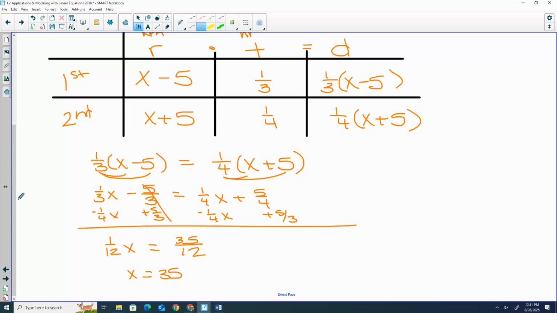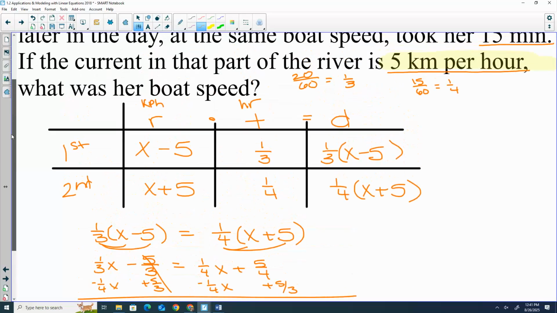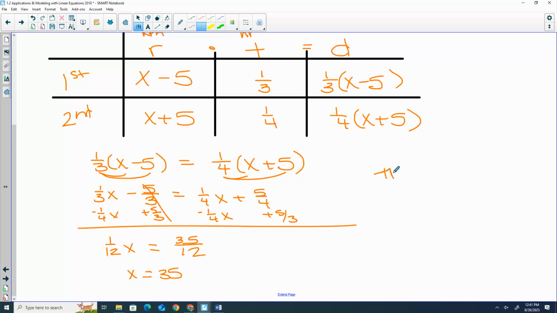So my sentence, I want to know her boat speed, and that was what x represented here. So the boat speed was 35 kilometers per hour.